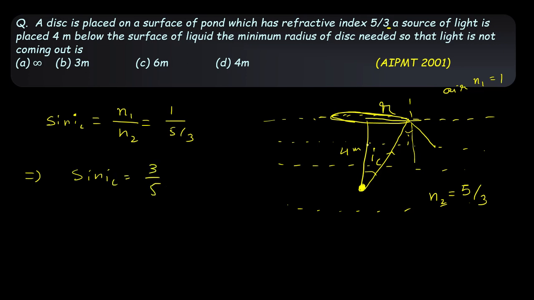From this triangle we see that this is r, this is 4, and this hypotenuse is 5, because sine of some angle is perpendicular divided by hypotenuse. Therefore this r is nothing but 3. Okay, see you in the next video.